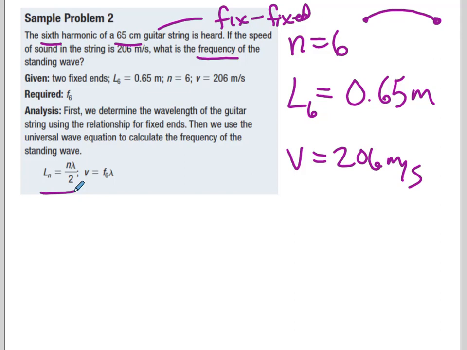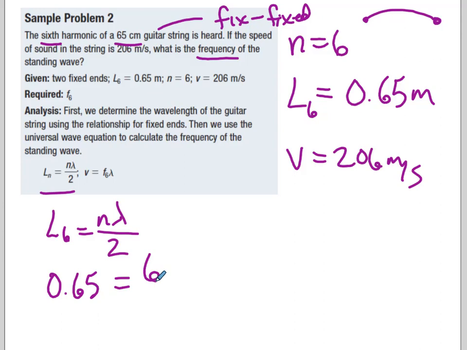So if we start with this expression here, L6 equals n lambda over 2. If we fill in what we know, the length of the guitar string is 65 centimeters or 0.65 meters. We know n is 6.